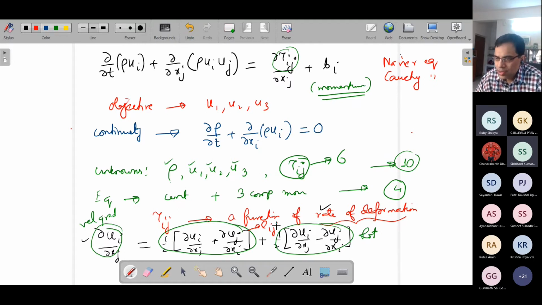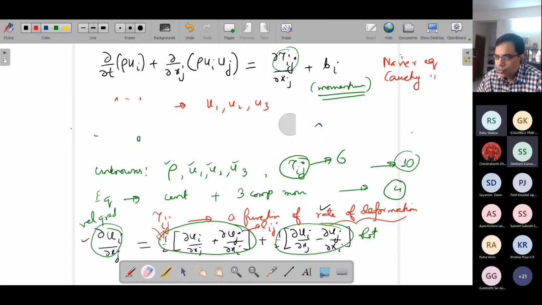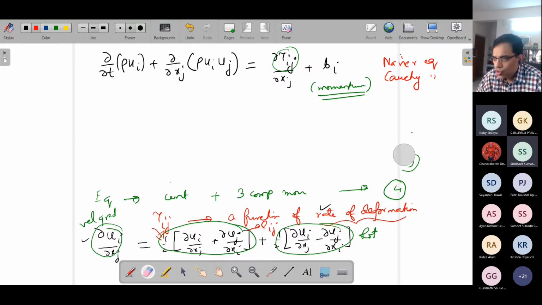So tau ij should be a function of this one, but how do you write that function? That is one of the very important things to consider. We'll see how we write that. First of all, we do not know whether it is linear or non-linear. Tau ij is a second order tensor, and this E is also a second order tensor.